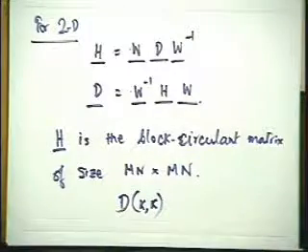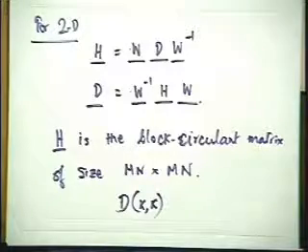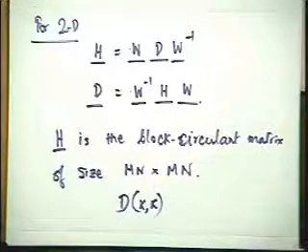And in the case of 2 dimension, the diagonal elements D of K, K become the two-dimensional discrete Fourier transform of the H function.